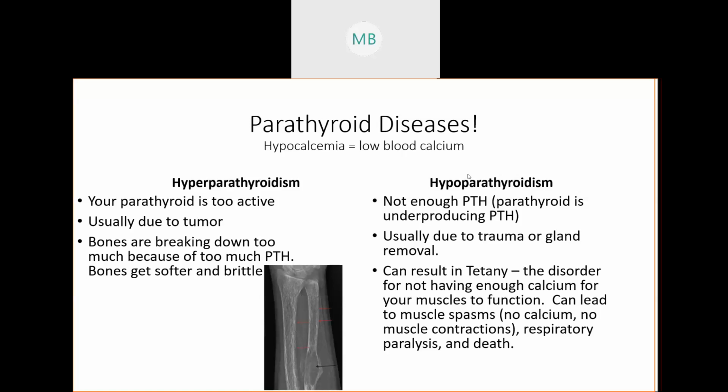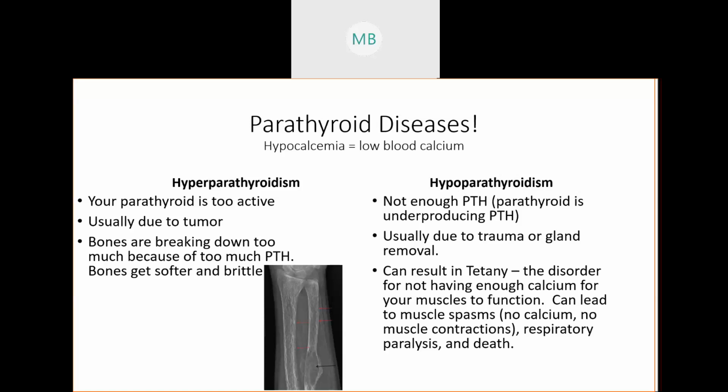On the flip side of things, you have hypoparathyroidism. Obviously with hyperparathyroidism, if it's caused by a tumor, you're going to want to treat the cancer or the tumor and get the tumor removed, and that will solve the problem generally. But with hypoparathyroidism, hypo means under, so that means your parathyroid is underperforming and you are not making enough parathyroid hormone anymore.